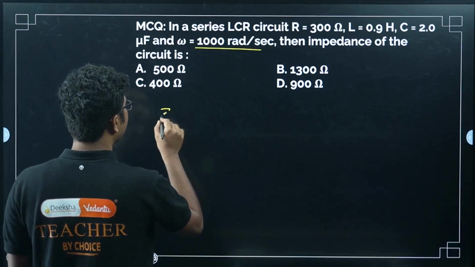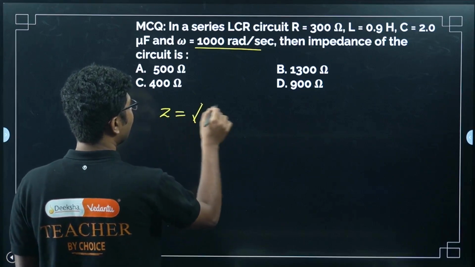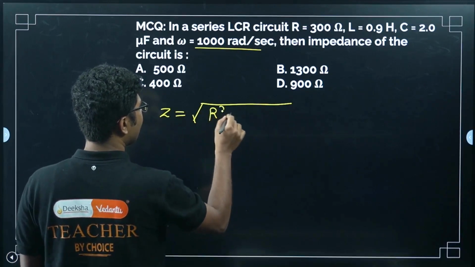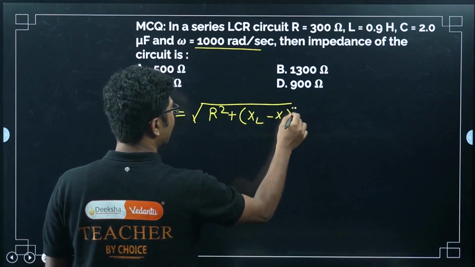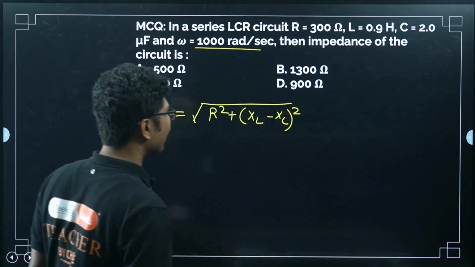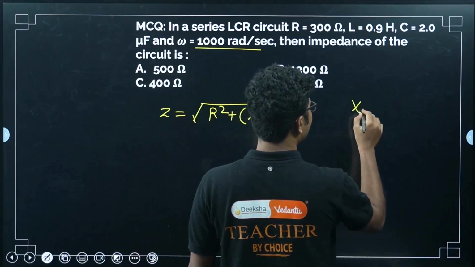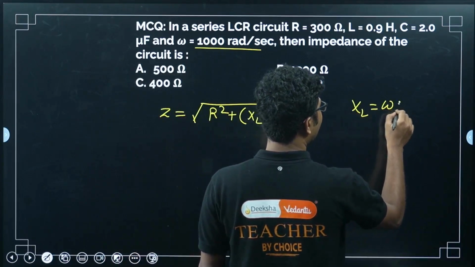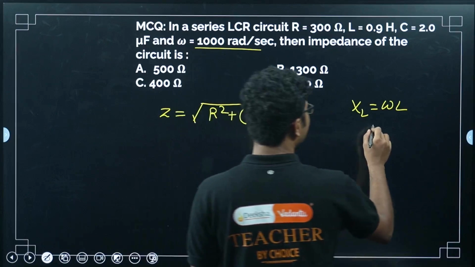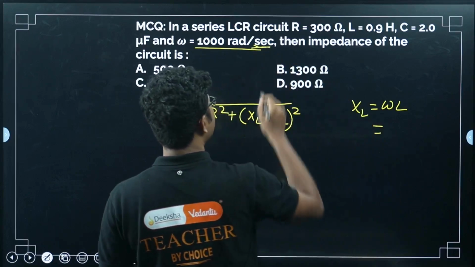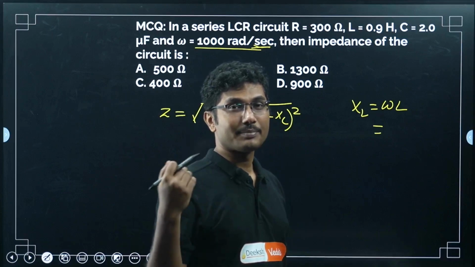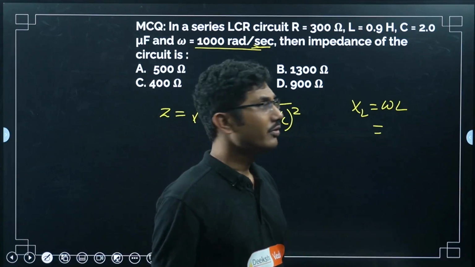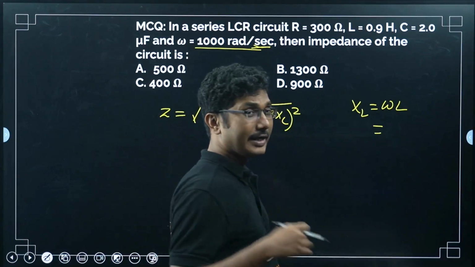We know that the impedance of the circuit is nothing but the square root of R square plus XL minus XC whole square, right? Let us first calculate XL. What is XL? XL is omega L. As long as omega is given in radian per second, you are fine. If it is given in RPM, then you have to convert it into radian per second.